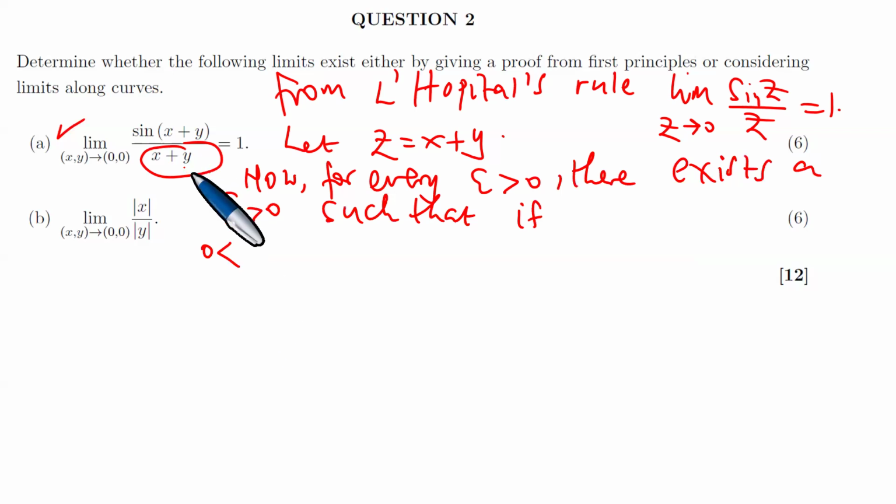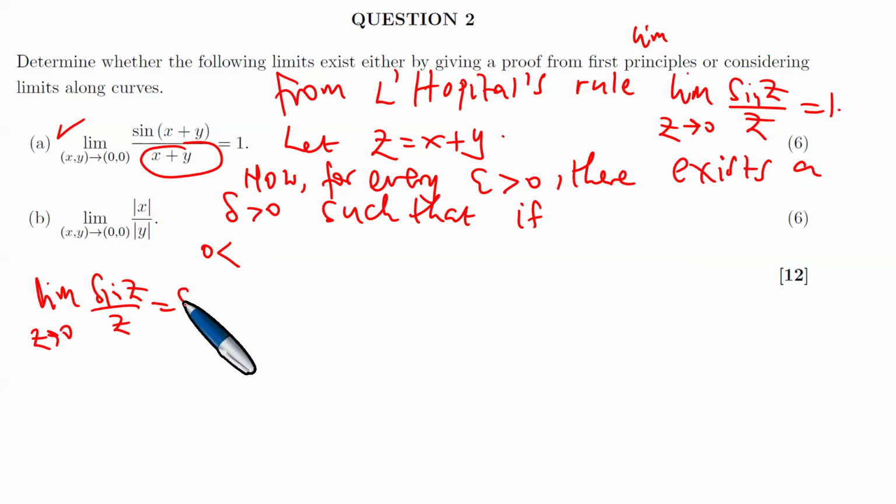That's fine. The reason we jump straight to L'Hopital's rule is the nature of the limit. If you have the limit of sine z over z as z approaches 0, you would have sine 0 over 0, which is 0 over 0.